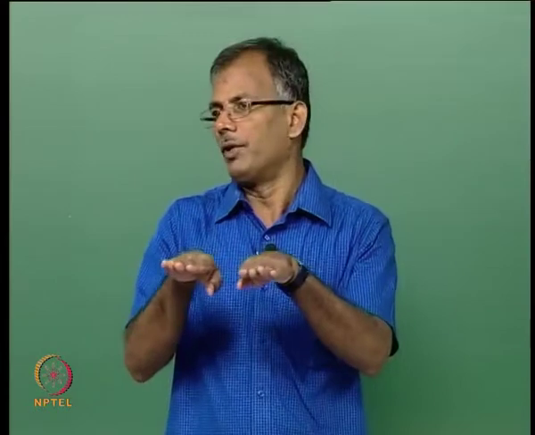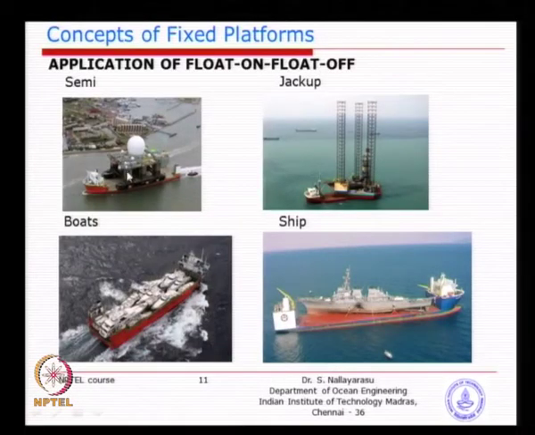Then you go to the destination and do exactly the opposite operation. Basically, you will again submerge, and as soon as the semi submersible comes into sufficient buoyancy, just pull it off. So, we call it float on, float off.